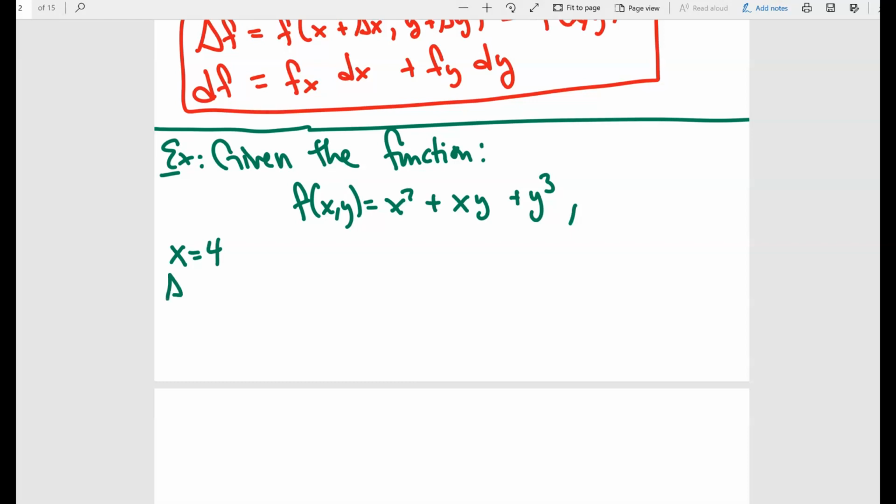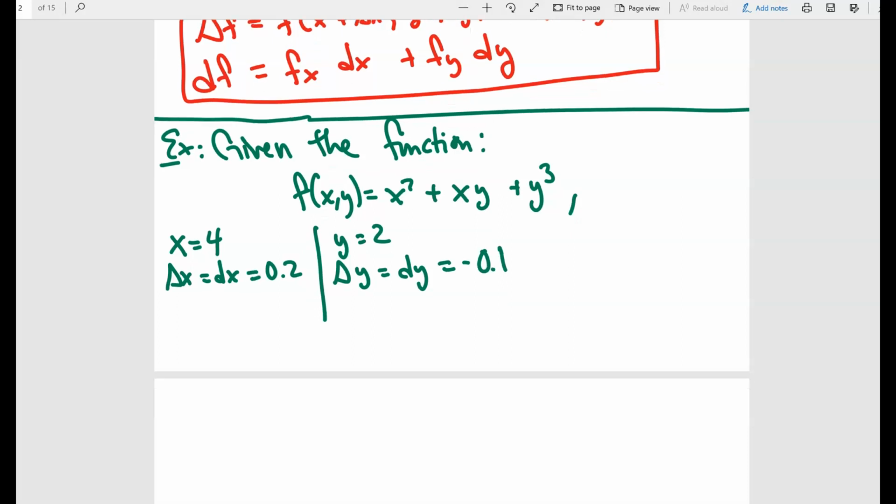We're going to say that delta x is equal to dx, or approximately equal to dx, and this is equal to 0.2. y is equal to 2. Delta y is equal to dy, which gives me negative 0.1. All right, so what do we want to find?